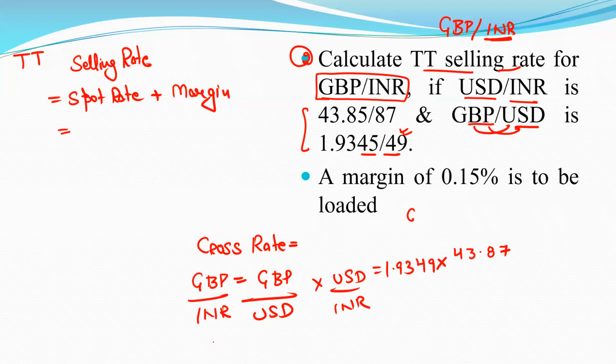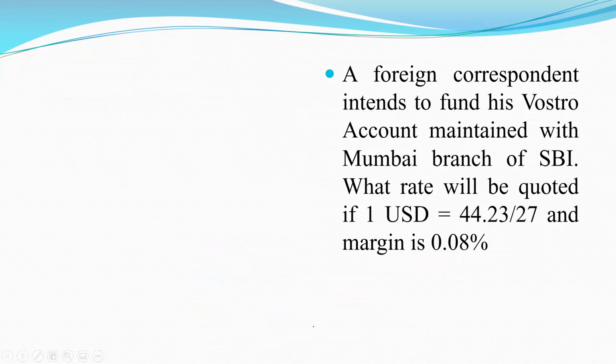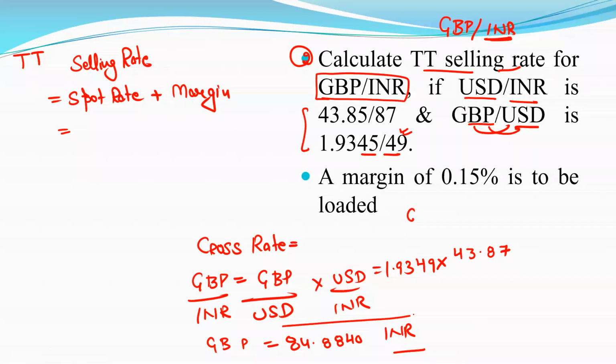When we calculate, GBP is equal to 84.8840 INR. So this is the spot rate, and then we add the margin of 0.15% to 84.8840.